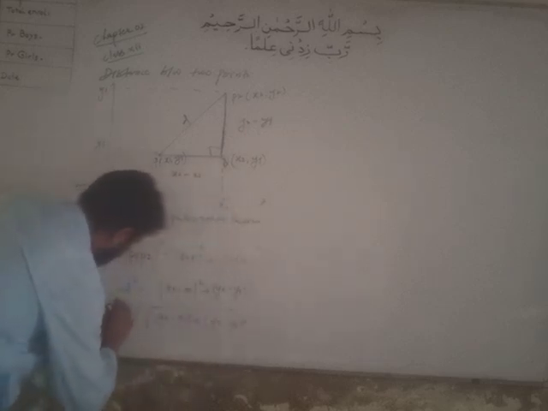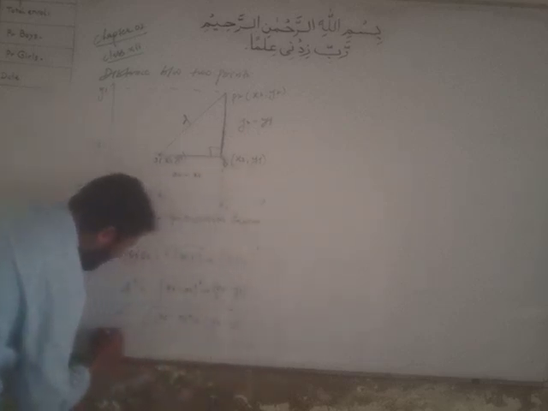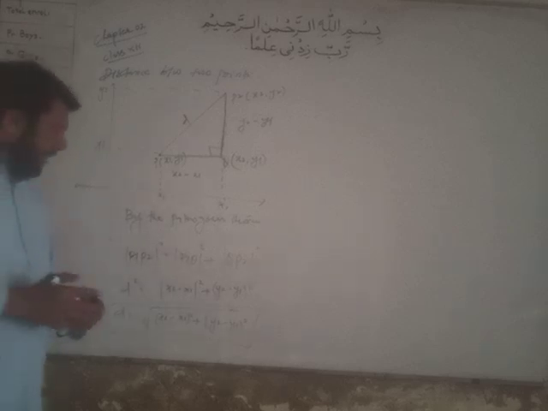This is called the distance formula. Taking the square root on both sides gives plus or minus, but distance is always positive, so we take the positive value and neglect the negative value.